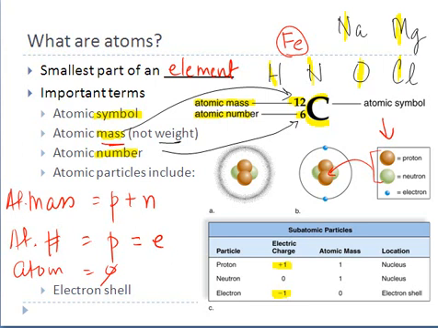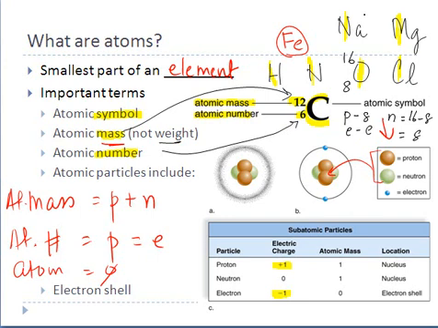So let's just do a few examples. For oxygen, the number on the top is 16 and the one on the bottom is 8. This means that the oxygen atom would have 8 protons, 8 electrons, and the neutrons would be 16 minus 8, and that is also 8.